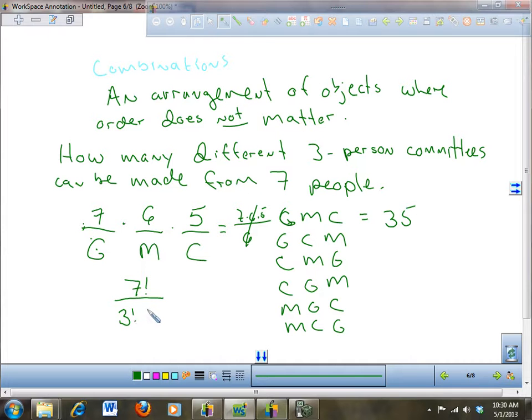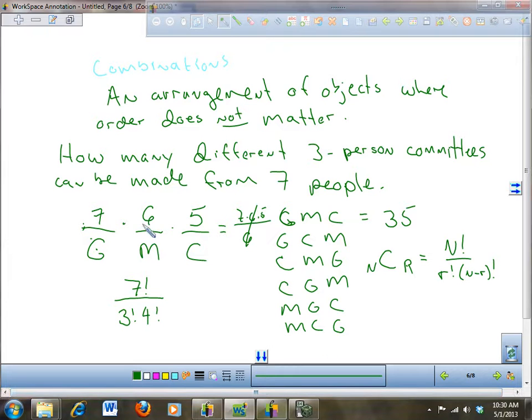Times 4 factorial, okay? So a combination, n combination r, can be thought of as n factorial over r factorial, which is the number of spots you're putting in, times n minus r factorial.